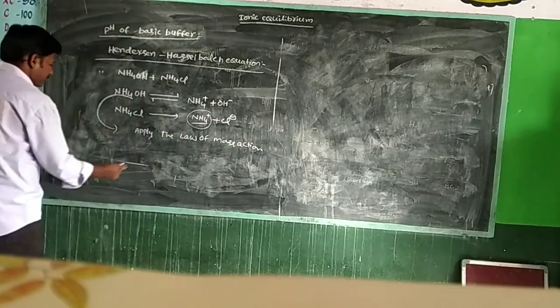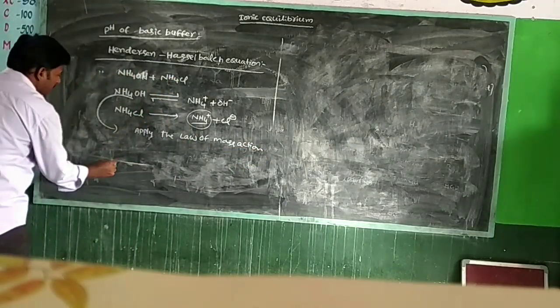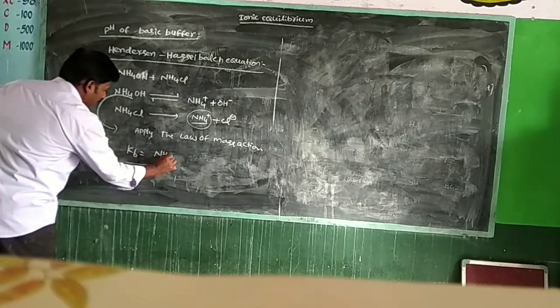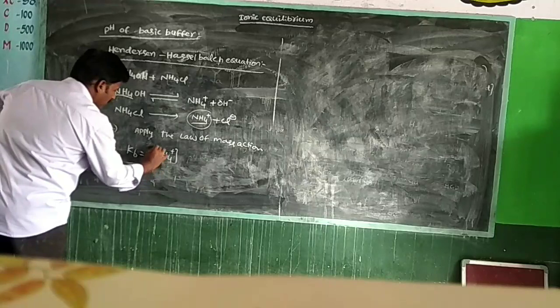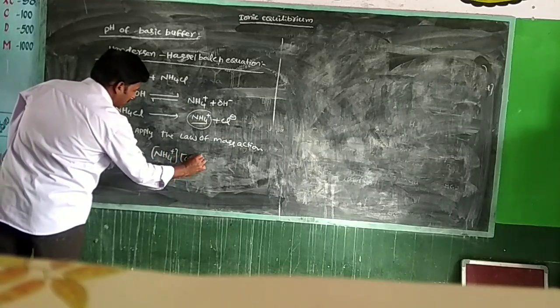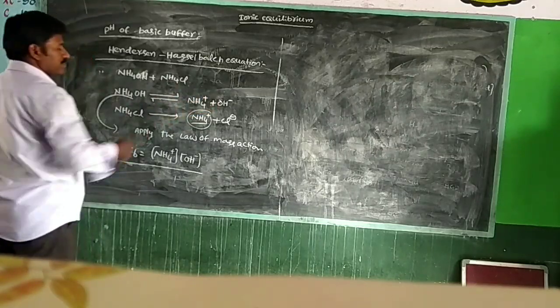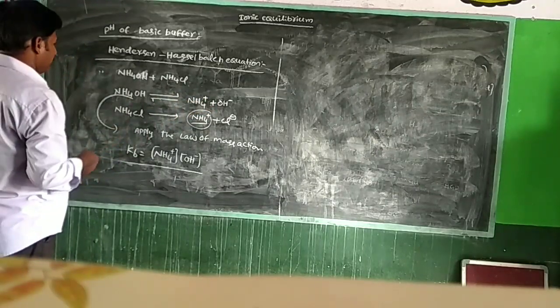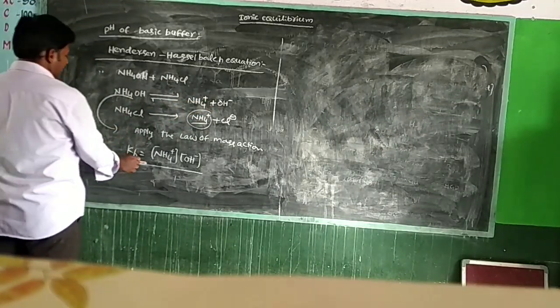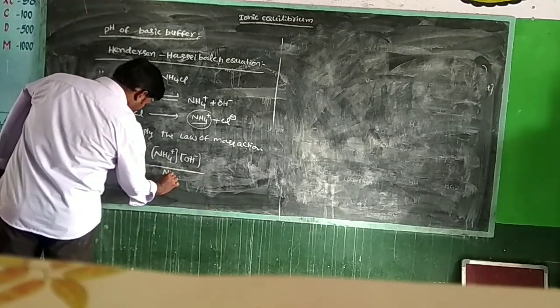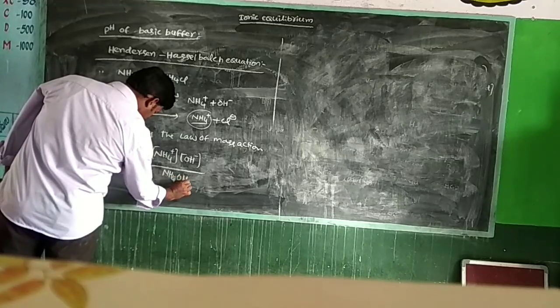Then write the Kb for NH4OH. Kb is equal to NH4 plus OH minus. You already know that the ratio of the concentration of products to the concentration of the reactant is called the equilibrium constant of base, over NH4OH concentration.